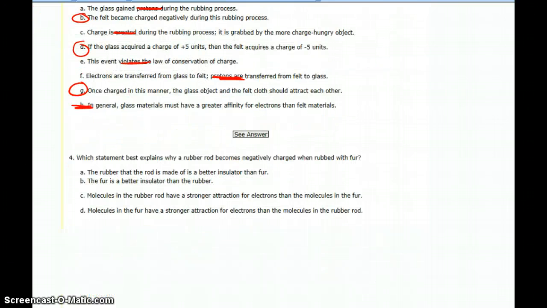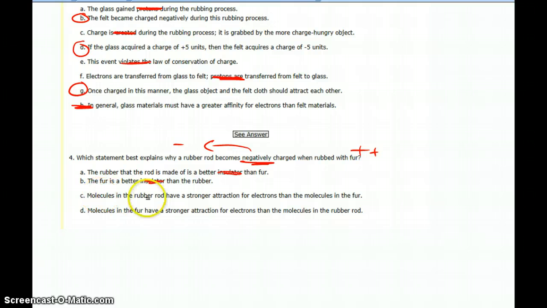And finally, which of the statements best explains why a rubber rod becomes negatively charged when rubbed with fur? It has nothing to do with its properties in terms of an insulator. Okay, it's about the electron affinity, how much it attracts electrons. Now, for the rubber to become negatively charged, that means the electrons have to go to it, leaving behind the positive charge on the fur.